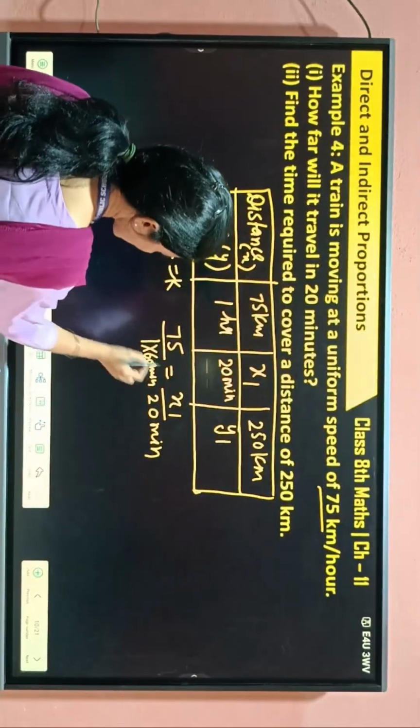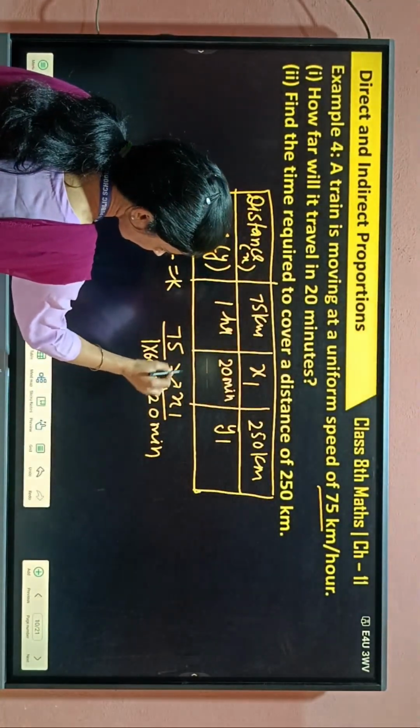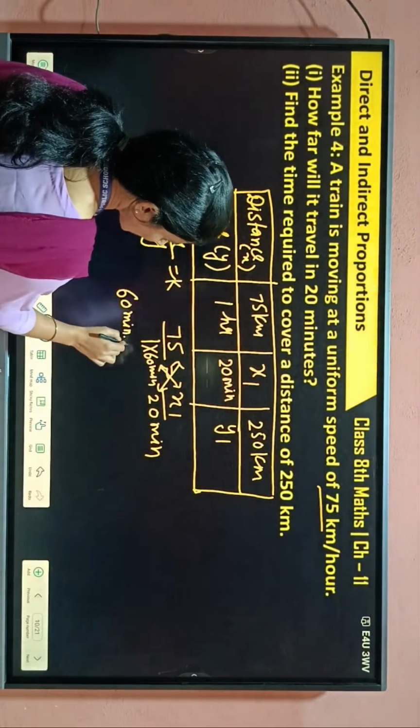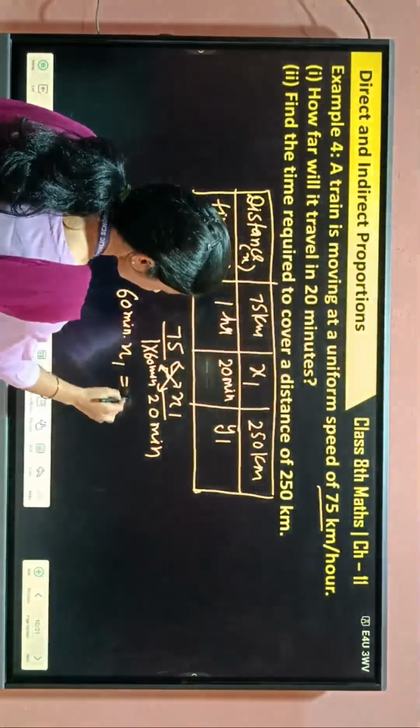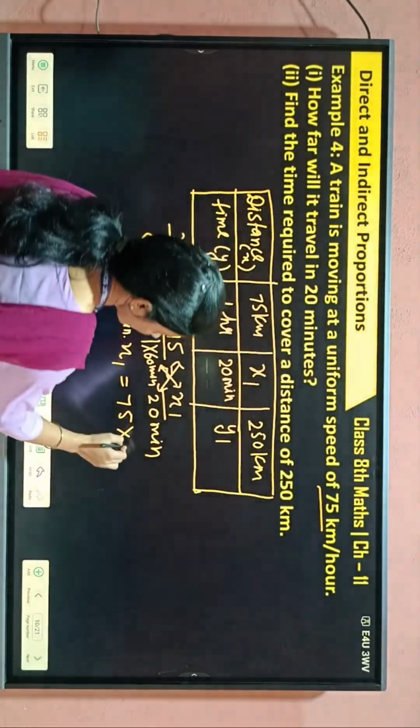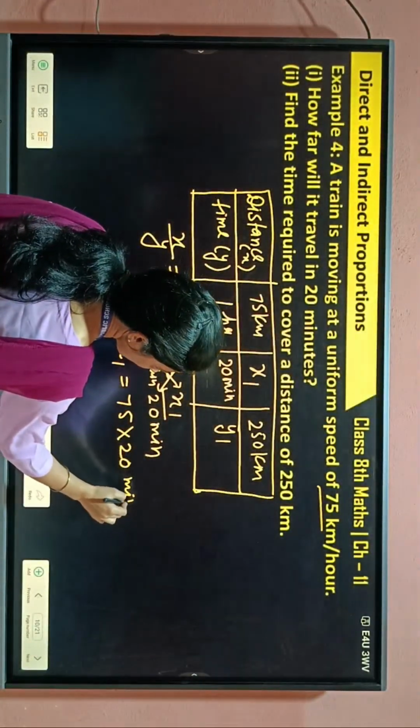Using cross multiplication, it will be 60 minute into x1 equals 75 kilometer into 20 minute.